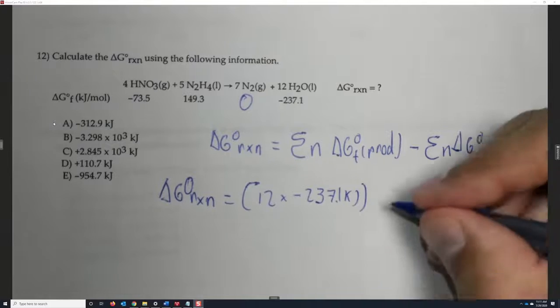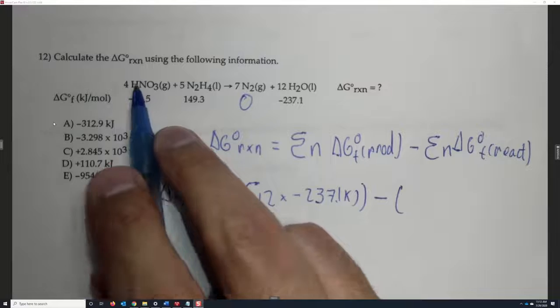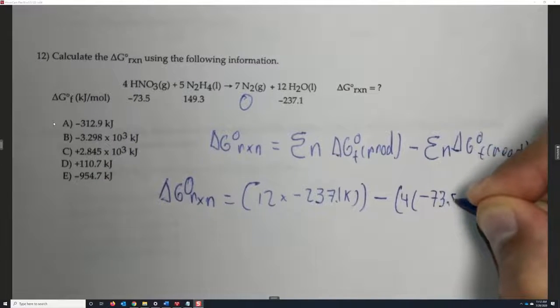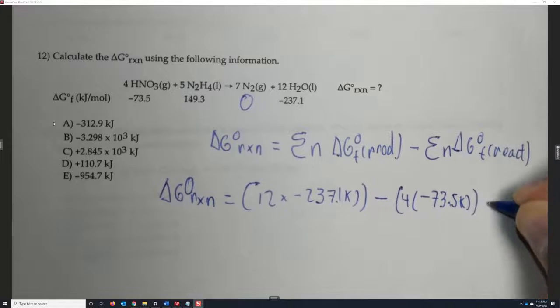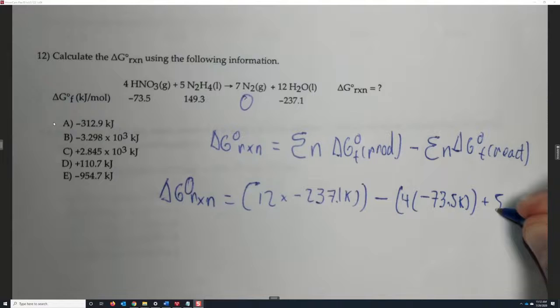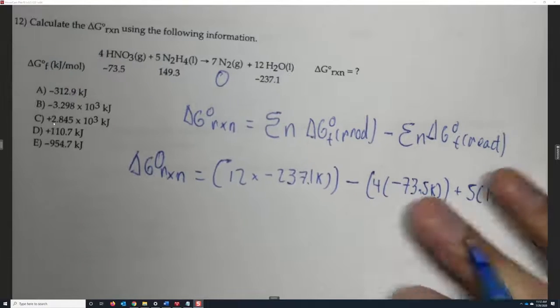You'll get the same thing. Minus our first reactant, there's 4 of them, 4 times minus 73.5 kilojoules, plus our second reactant, and there's 5 of them, 5 times 149.3 kilojoules.